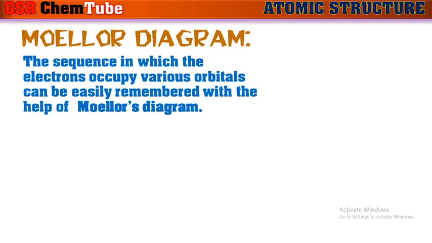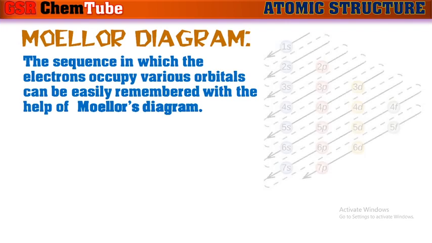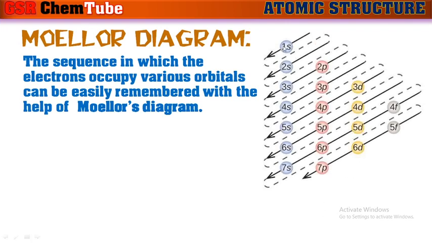The sequence in which the electrons occupy various orbitals can be easily remembered with the help of the Moeller Diagram. So this is a Moeller Diagram which helps us in understanding the filling of orbitals with electrons in increasing order of their energy. From this you can say first the 1s orbital is filled with electrons. After completely filling this, electrons occupy 2s.